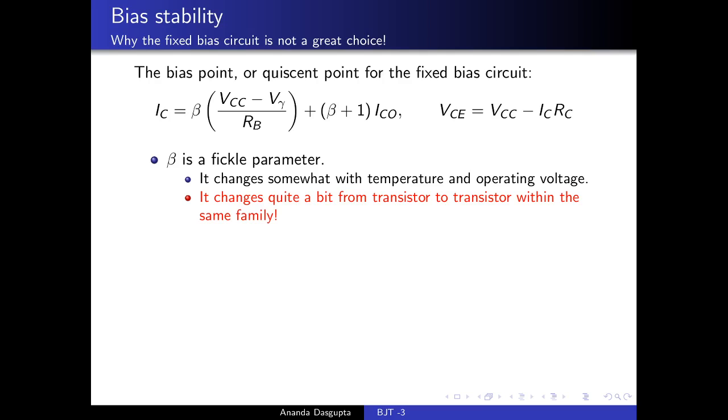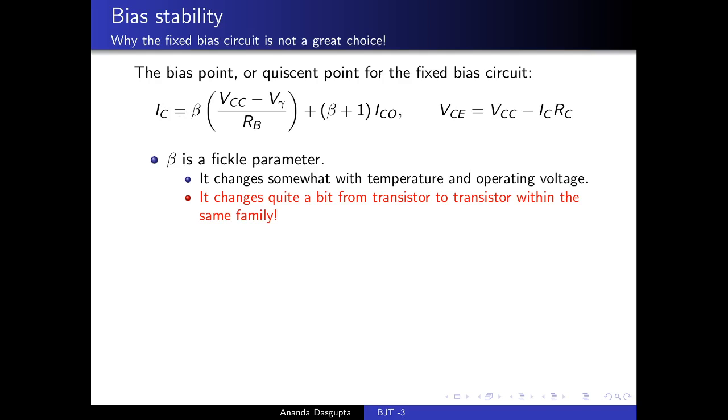Suppose you have designed a circuit, taking the values of beta etc. from the manufacturer's data sheet, and then you actually connect your transistor. It might very well happen that the beta is quite different from the value given in the data sheet, which would mean that the IC value you get from your circuit may substantially change from the IC value that you calculated or wanted your circuit to have.